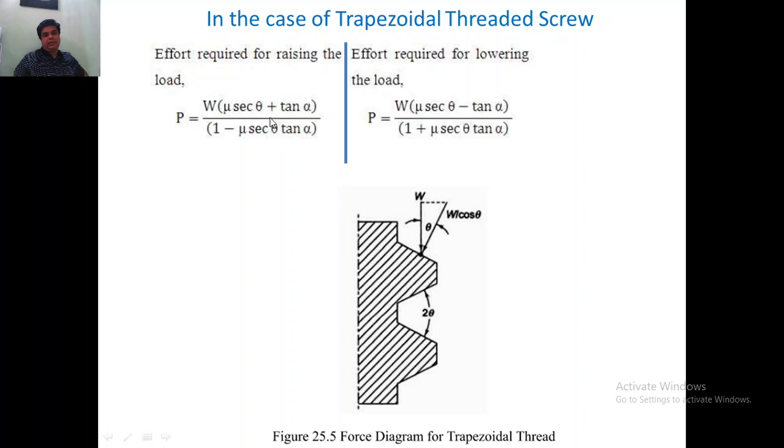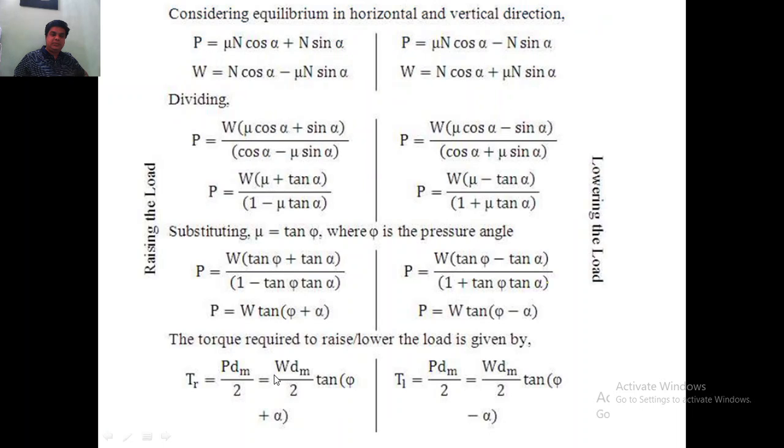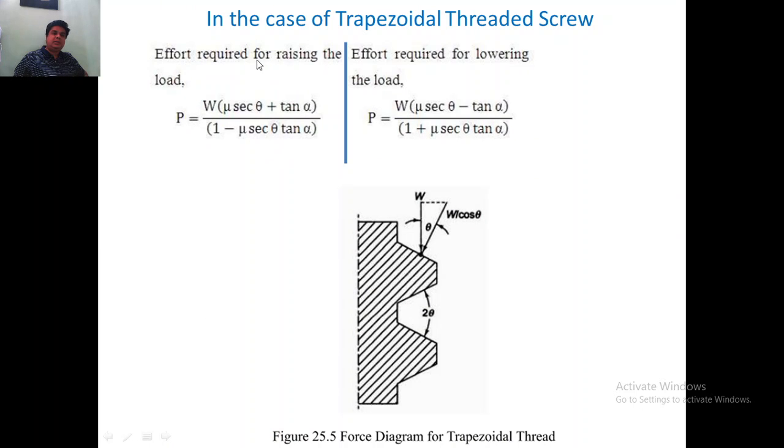So a slight modification is made with respect to trapezoidal screws, whereas these equations are for square threads to raise or lower the load, and this is for the trapezoidal threads. A slight variation is made in the applied load to raise or to lower the load W.